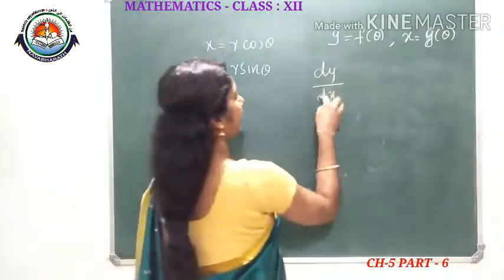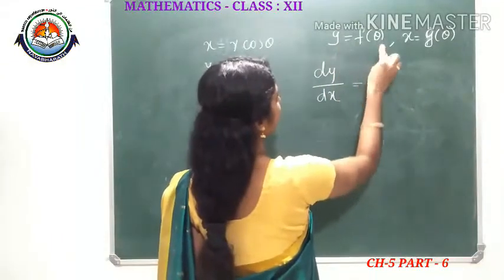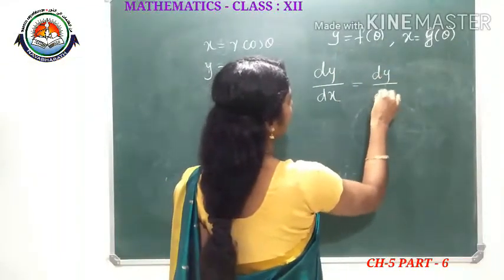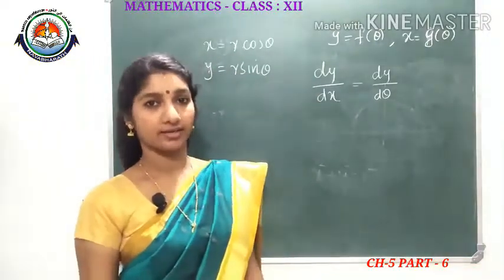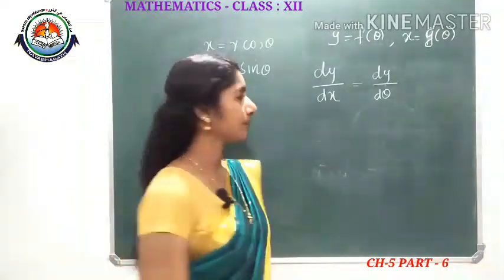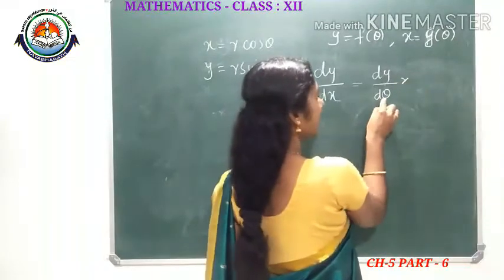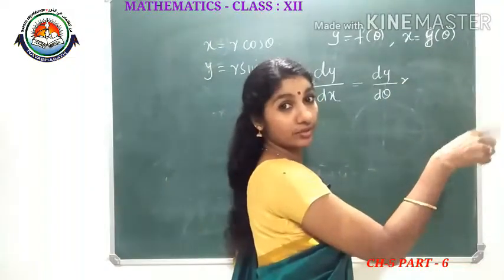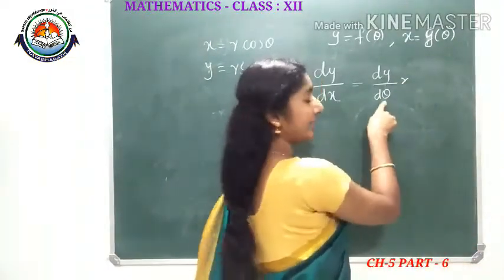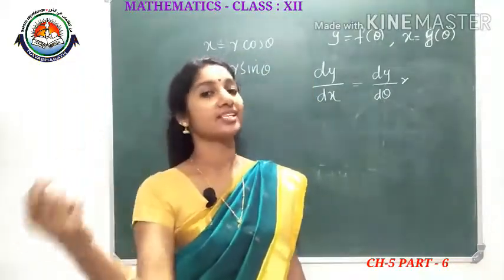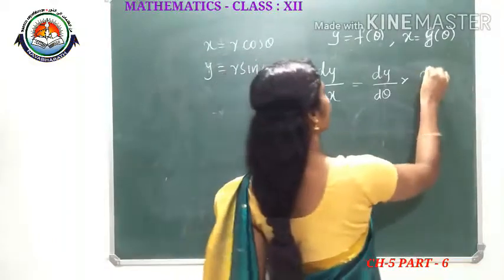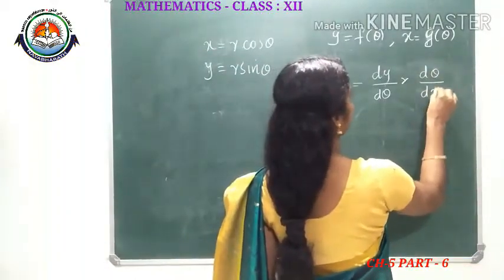For finding dy by dx, y is given in theta, so we can write dy by d theta, y differentiated with respect to theta, into, we need to reach dy by dx, so with respect to x we need. So dy by d theta into d theta by dx.